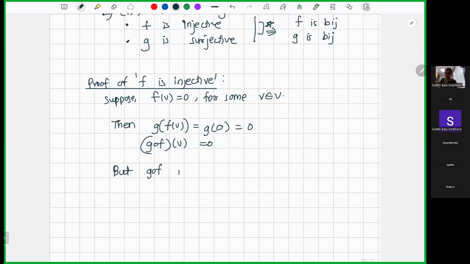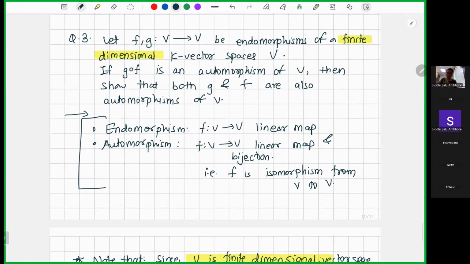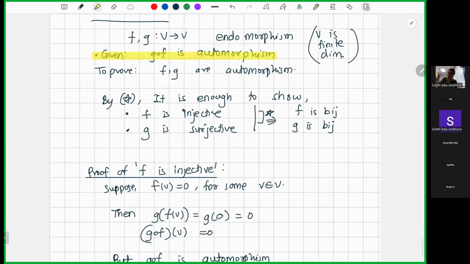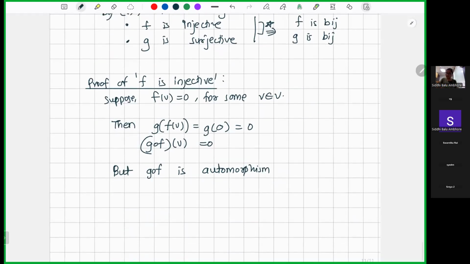But G composed F is an automorphism. It is given, and we have to prove this. So G composed F is an automorphism, and automorphism means bijective, that is, an isomorphism.